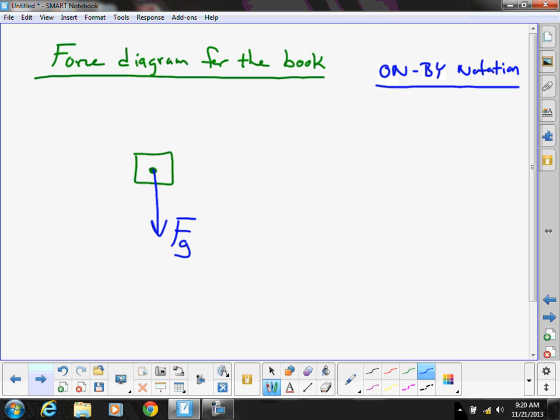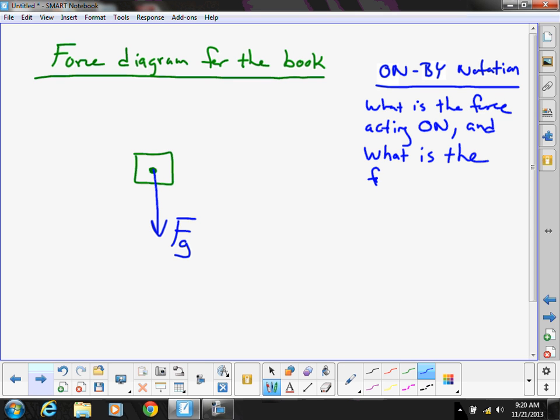What on-by notation means is: what is the force acting on, and what is the force being caused by. Okay. So on-by notation.